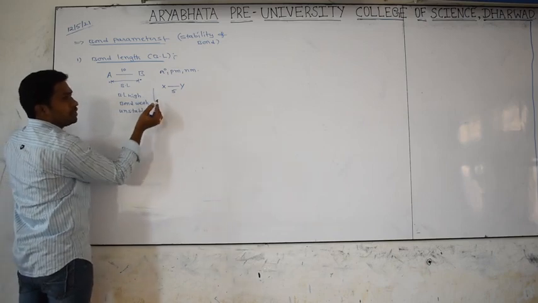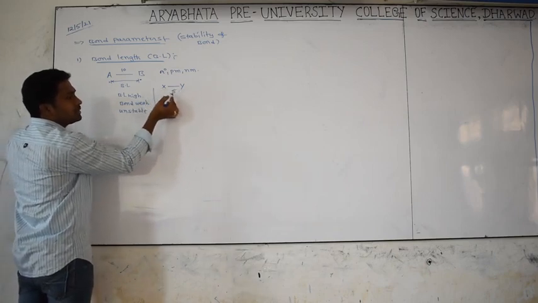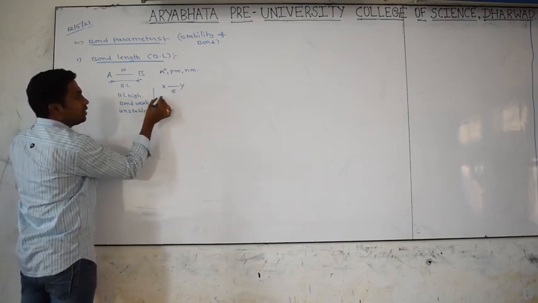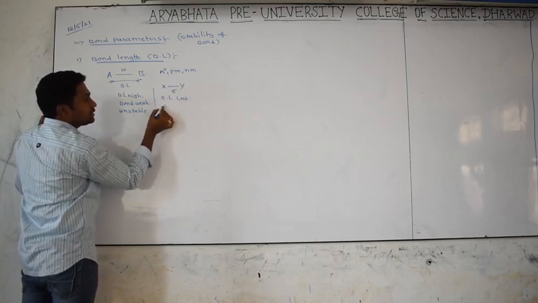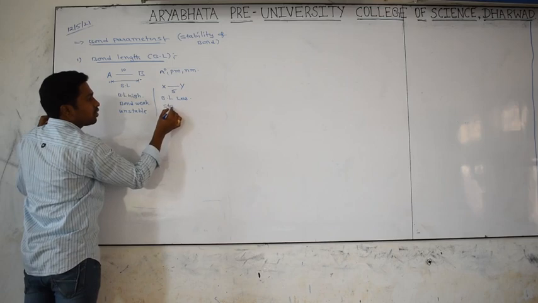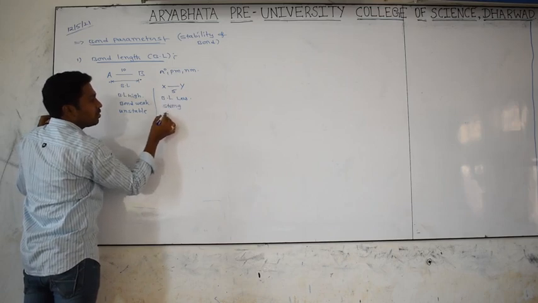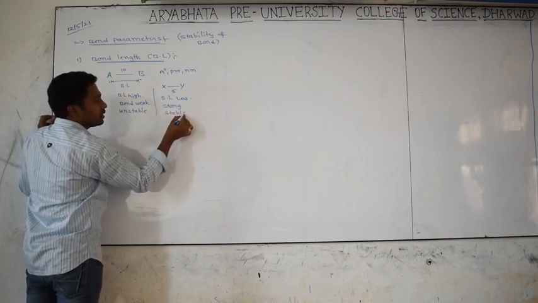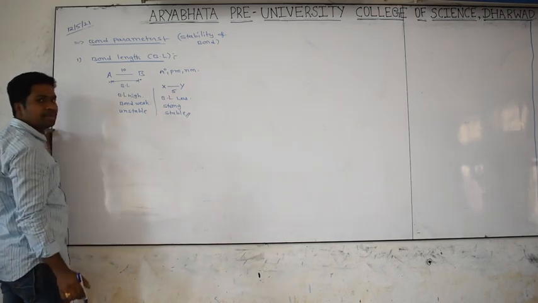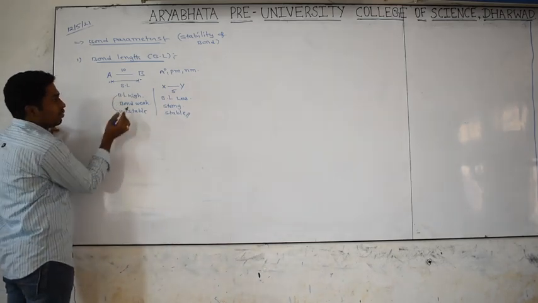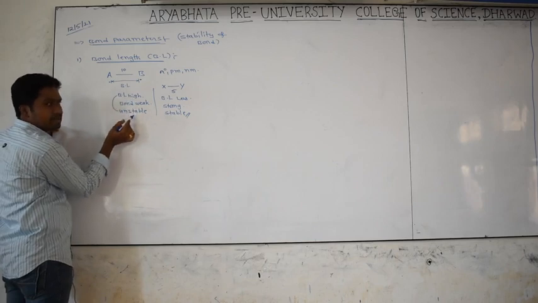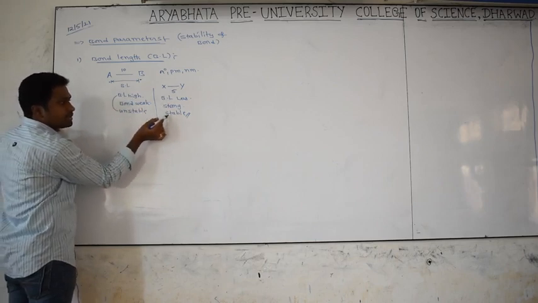Now coming to XY, the distance between X and Y is less, short. Bond length is less means bonds are strong. Bonds are strong means the molecule or the chemical bond is stable. So can we relate bond length and stability? Bond length is high, unstable. Bond length is less, stable.